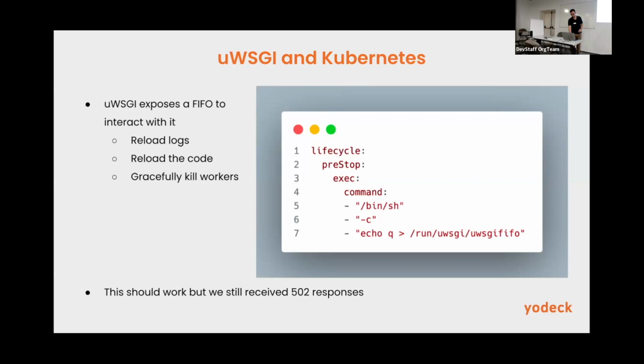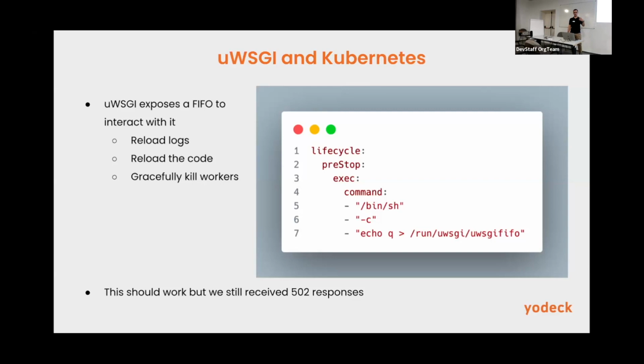So by using this lifecycle hook, we're telling Kubernetes that before trying to kill the workers, it should execute this command, which sends the signal to uWSGI to gracefully kill the workers. But we still didn't reach the zero downtime that we wanted.